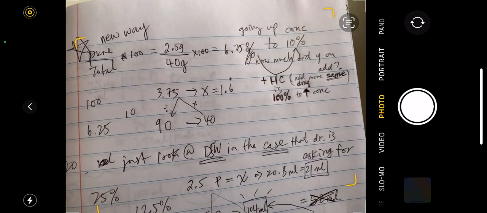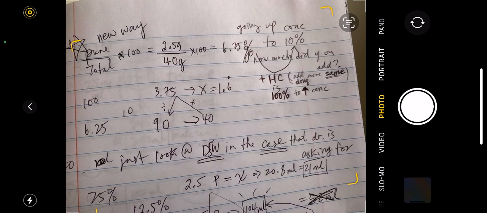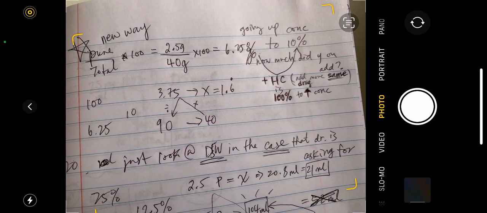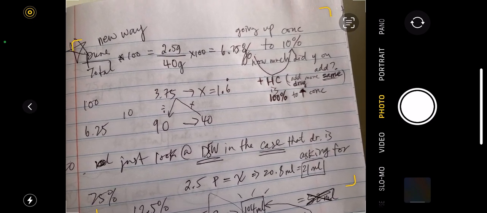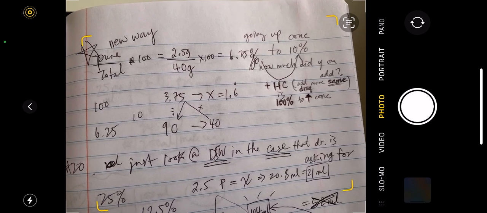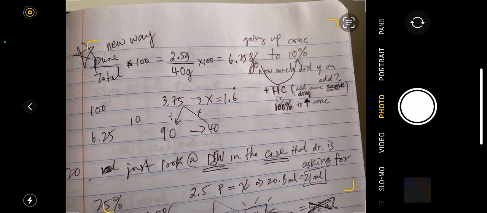So then you get to find out X. It is 1.6. How did you do that? You take 3.5 times 40.